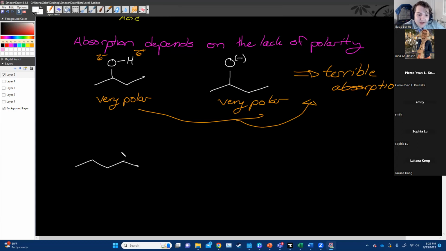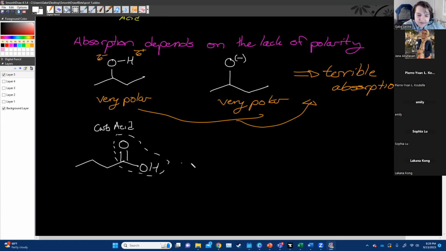So let's say that you have this drug in your body. We know that this functional group is called a carboxylic acid. And if you weren't aware, a carboxylic acid is an acid.